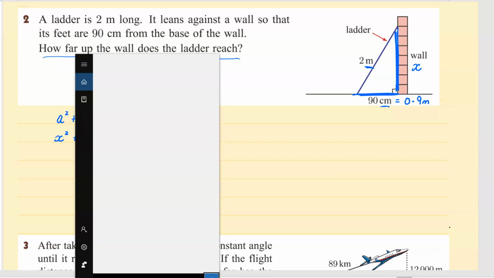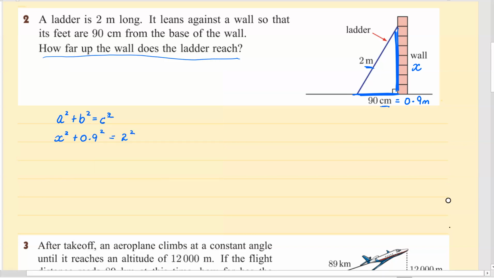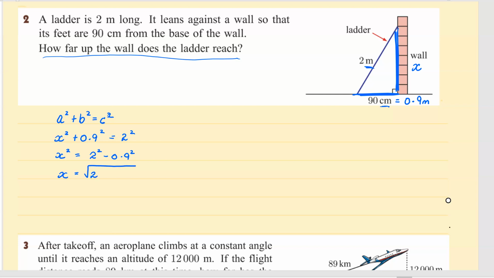If you forget any of this, please go back and look at your rules that we have seen before. So we've got x squared equals 2 squared, I mean you could have written 4, minus 0.9 squared, and then to get rid of the squared, we are going to square root. Right, off to your calculator and state your value.